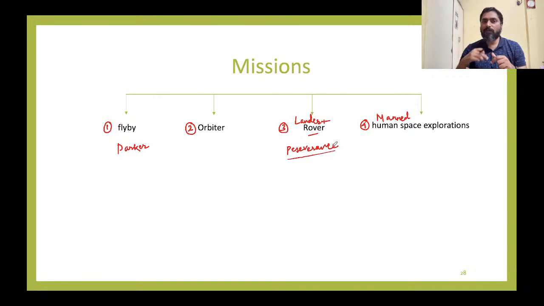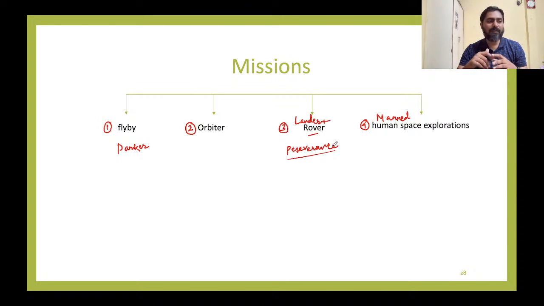It is not only about moving around the orbit, but from the orbit we are landing onto the surface of the celestial body. It makes the process much more sophisticated. And we are not just landing. In the case of a rover, we are also sending a robot which can move on the surface of the planet or asteroid, and it can collect some samples. So this is the lander or the rover.